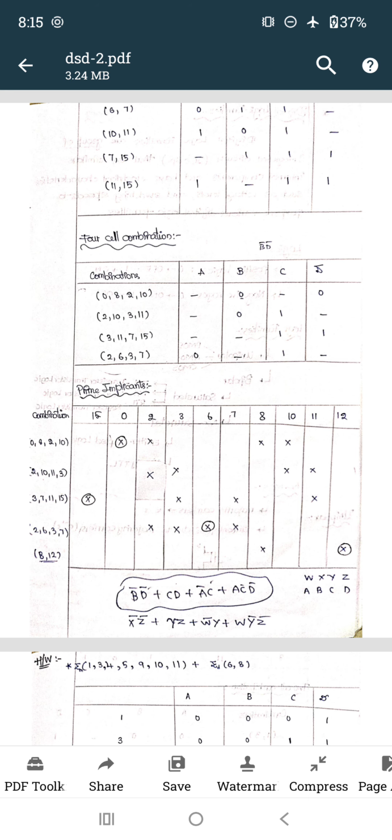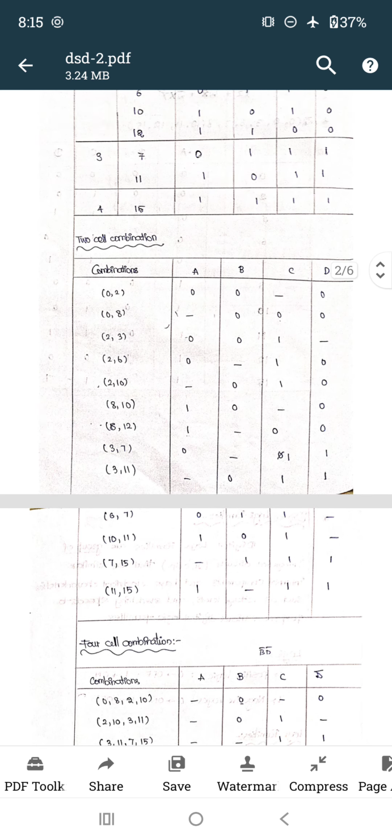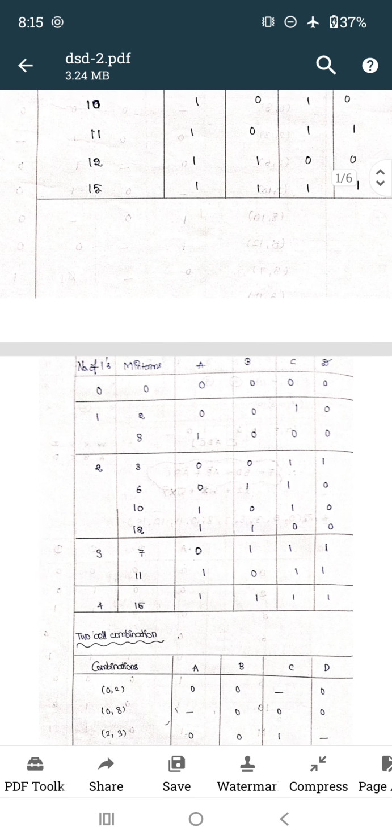So we first write the prime implicants, find the essential prime implicants, find the missing minterms, and write the corresponding variables for these minterms. This is how we reduce the given function using the Quine-McCluskey or tabular method.